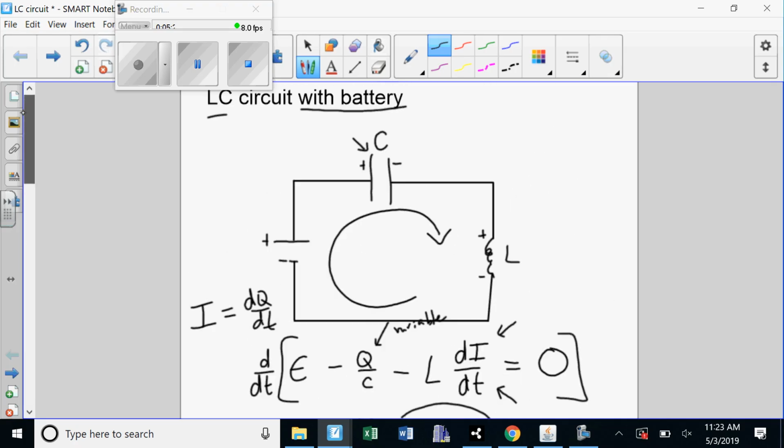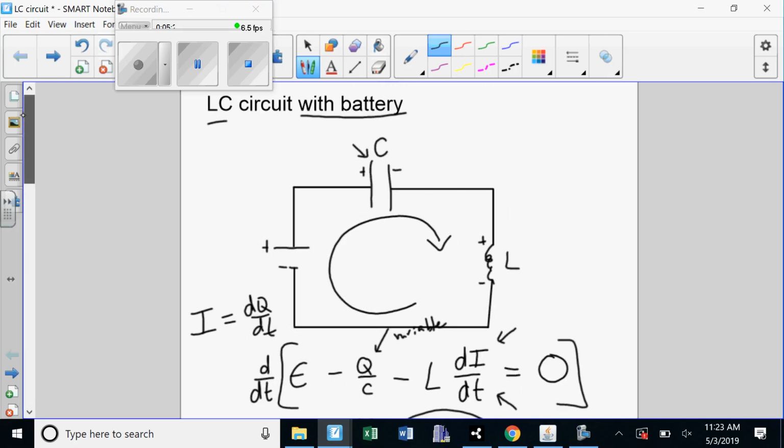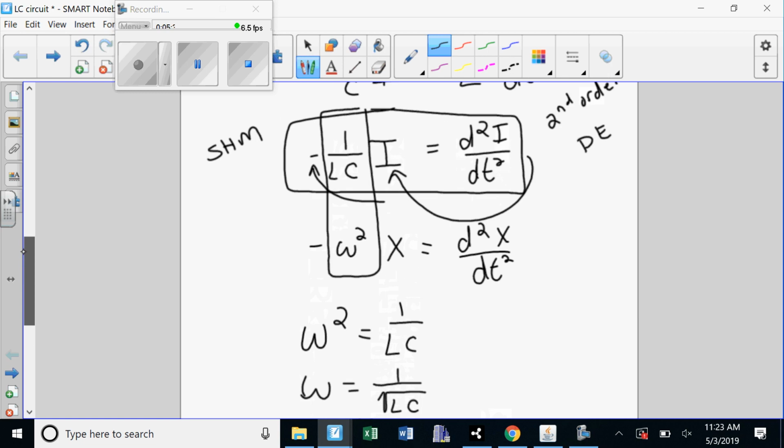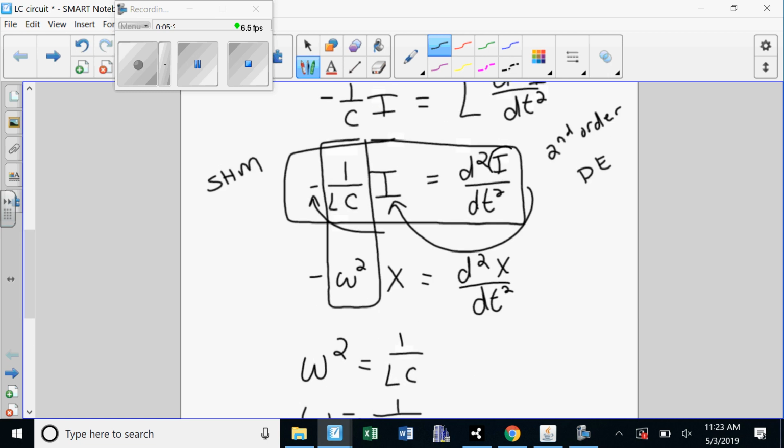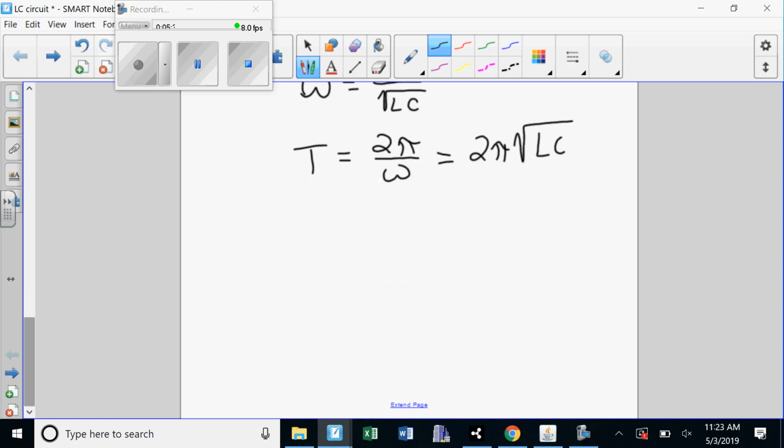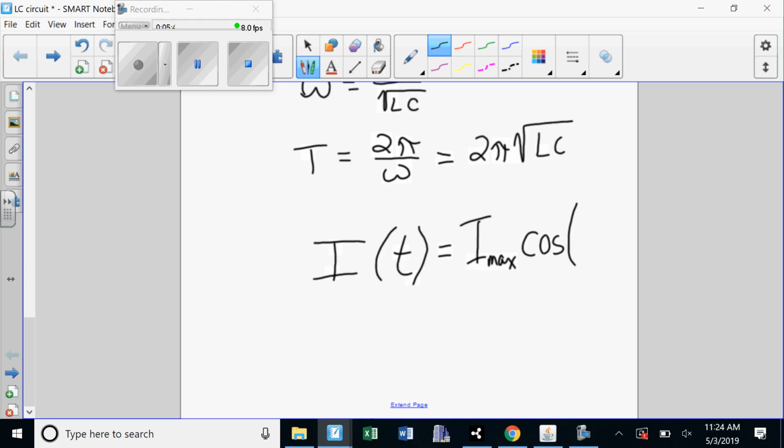So what does that mean for this particular circuit? A battery in series with a capacitor and an inductor. The current is undergoing simple harmonic motion. So that means the current as a function of time is equal to some maximum value times the cosine of omega t plus phi.